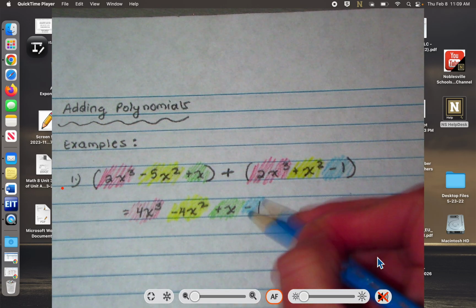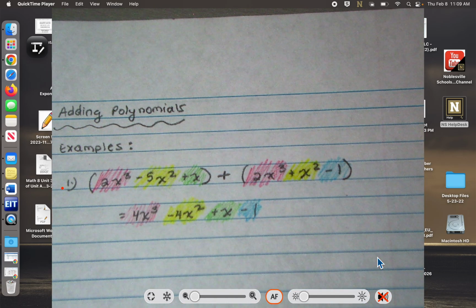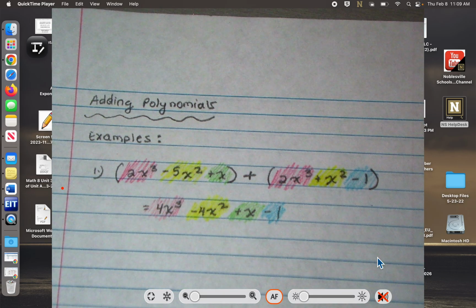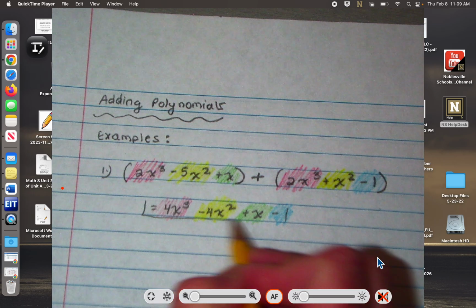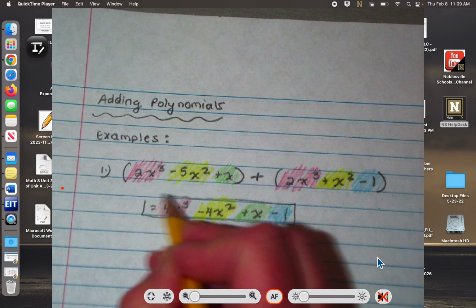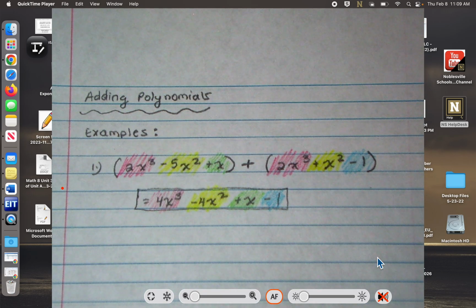Okay. Miss Ross, do we have to order them? Eventually, yes, you will need to order them. Like right now, these were nice and neat and in order for you, right? But these are already in the order they would need to be in. If they weren't, yes, you would have to rearrange them. Okay, so we're looking for like terms, right?